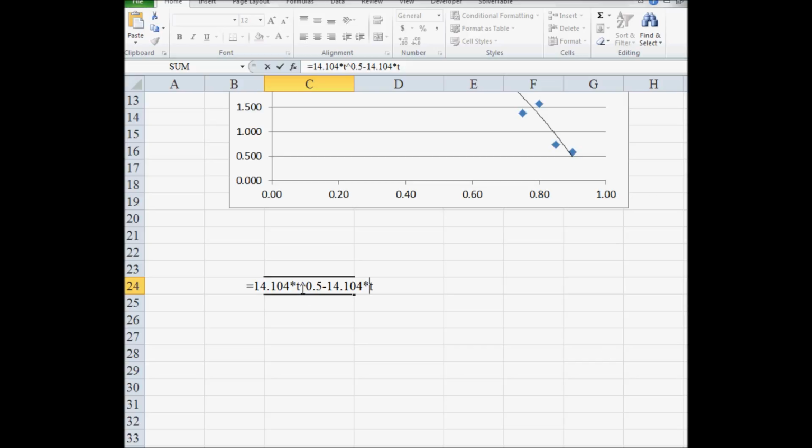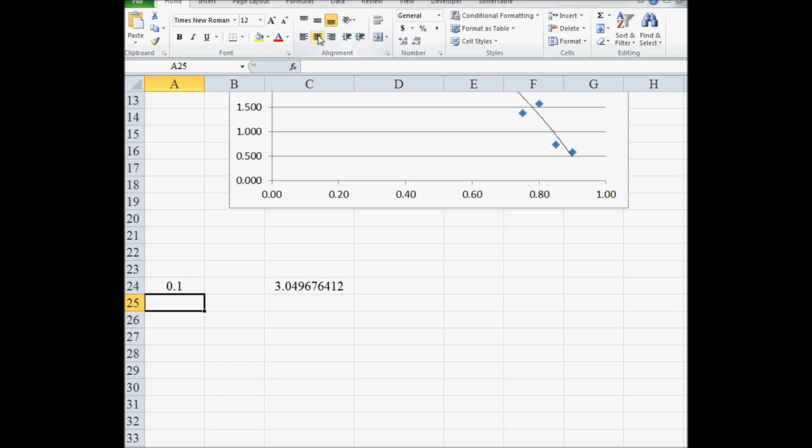Now I want to replace the t with maybe cell A24. I want to do the same thing with this t. So if the tax rate is 0%, zero tax is collected. If the tax rate is 10%, then $3.050 billion is collected.